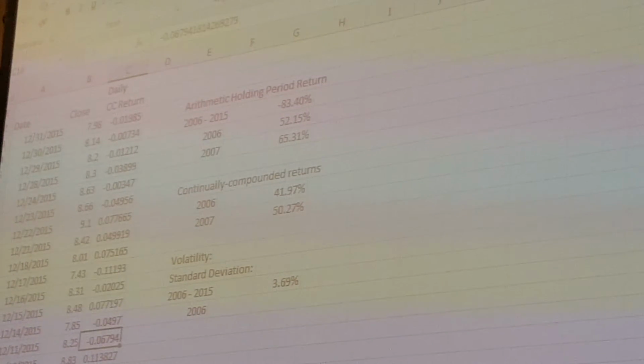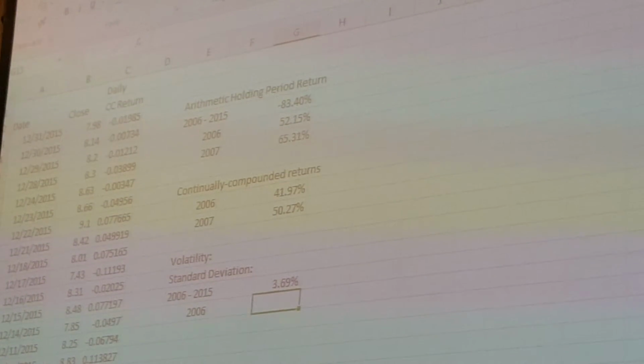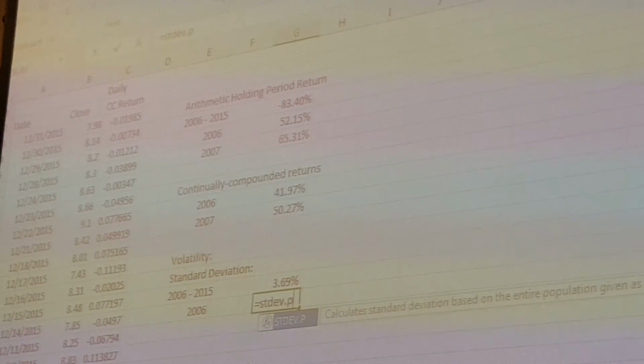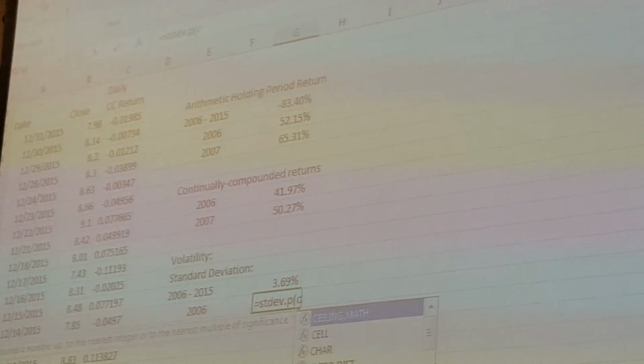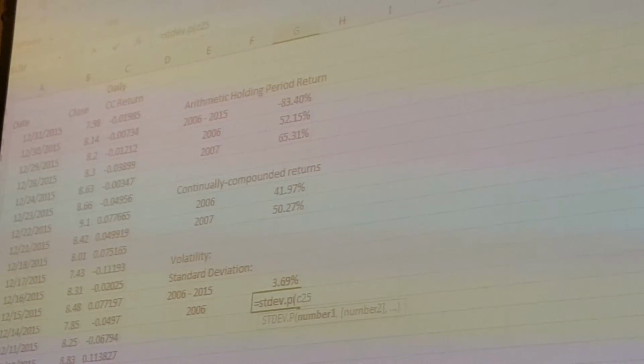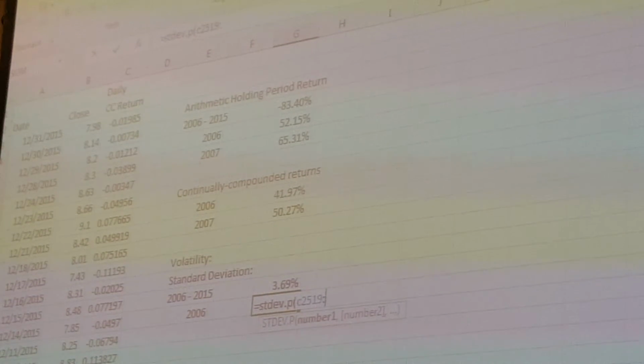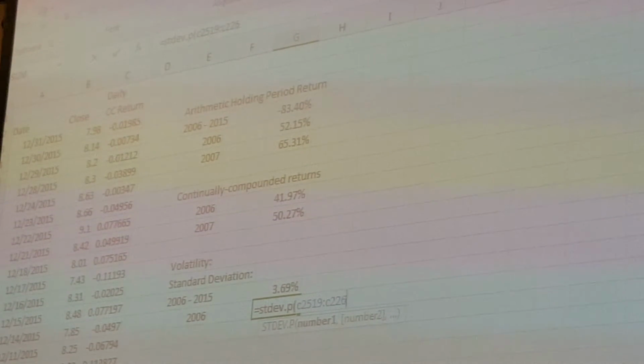Yeah, 2519 through 2269, equals STDEV.P C2519 C2269.